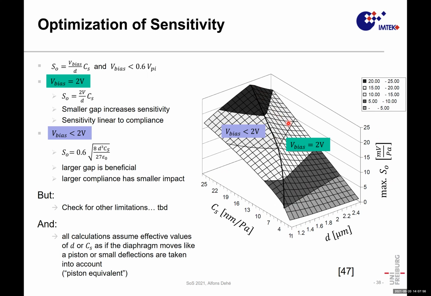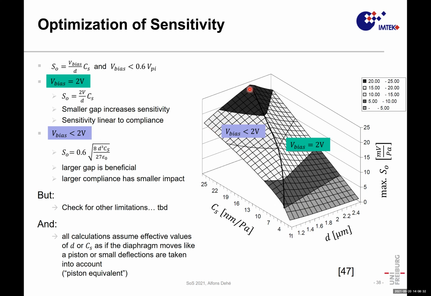Another way is trying to change the gap distance between here 1 and 2.4 volts. So it's a way to find optimum sensitivity. It ends up to something like 25 millivolts per Pascal sensitivity of such a device. Or vice versa, you can say, I always put my sensitivity to the maximum of 60% pull-in voltage, and I allow for biasing less than 2 volts, but variable biasing.